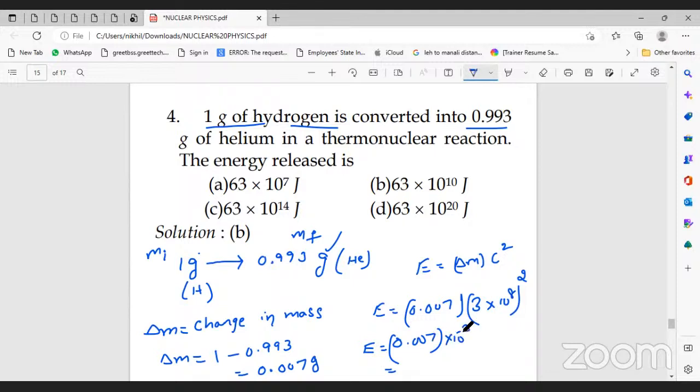0.007 into 10 power minus 3. Why 10 power minus 3? To convert into kg. So 3 squared will be 9 into 10 power 16. So 0.007 can be taken as 7 into 10 power minus 3, this 10 power minus 3 as it is, into 9 into 10 power 16.